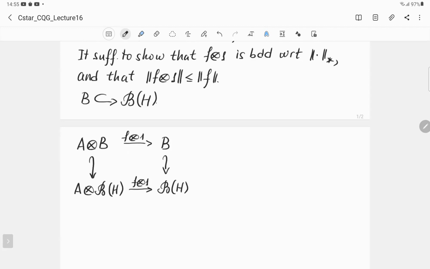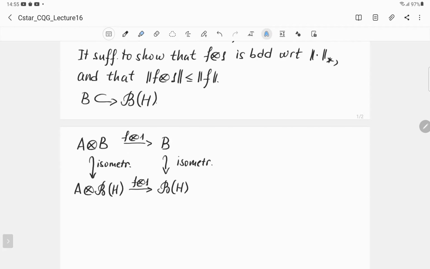And moreover, both the vertical arrows are isometries. By assumption, this arrow is an isometry, and it follows from the basic properties of the spatial C-star tensor product that this arrow is also an isometry with respect to the minimal C-star tensor norms.